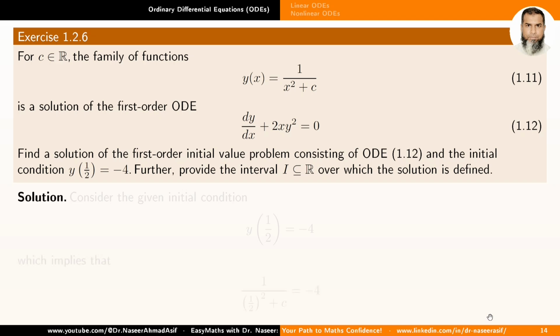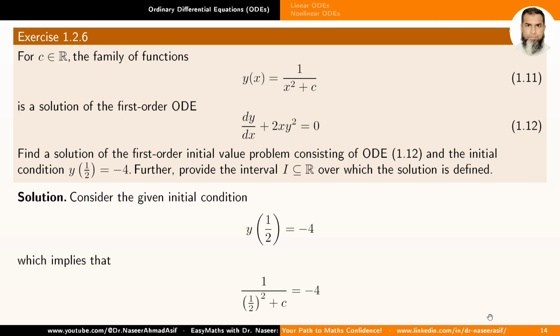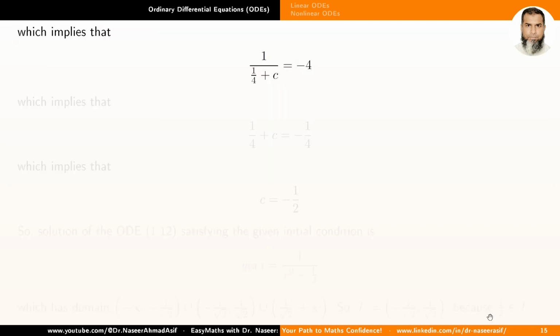Well, let's see the solution. Consider the given initial condition y of 1 by 2 is equal to minus 4. Now using the definition of y of x, we have 1 over 1 by 2 square plus c is equal to minus 4. So we have 1 over 1 by 4 plus c is equal to minus 4. Just taking reciprocal, 1 by 4 plus c is equal to minus 1 by 4. So c is minus 1 by 2.